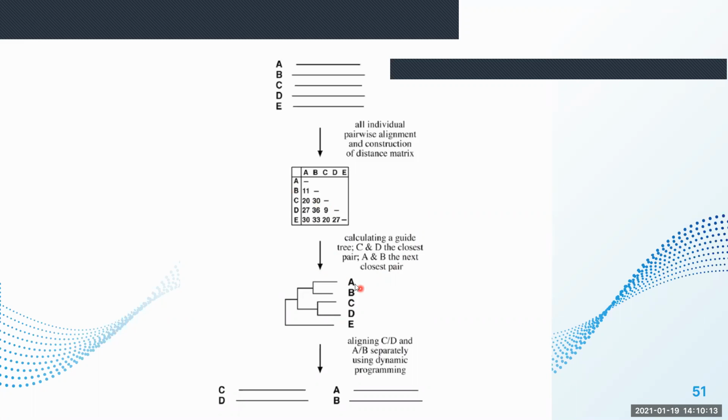A, B are closer, then C, D, then E. Then you align these based on the neighbor joining algorithm, or whatever algorithm there should be. We are not discussing those things here. At first you align A, B here, then C, D here.